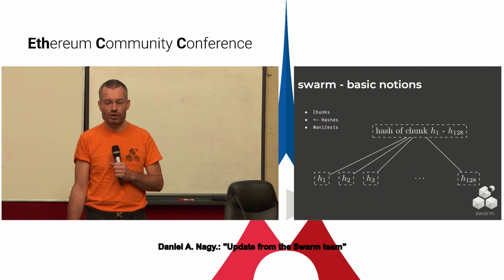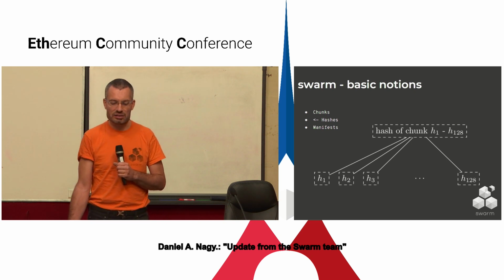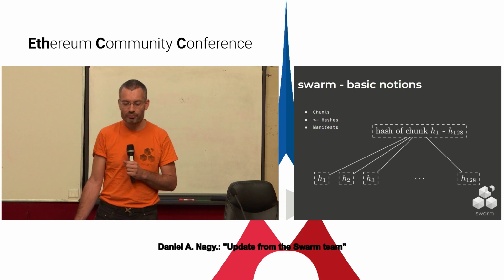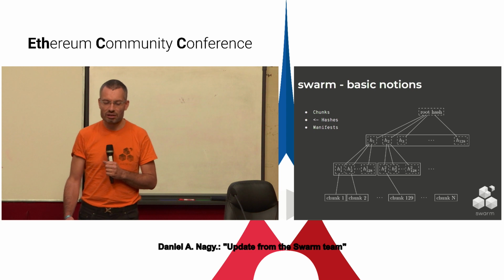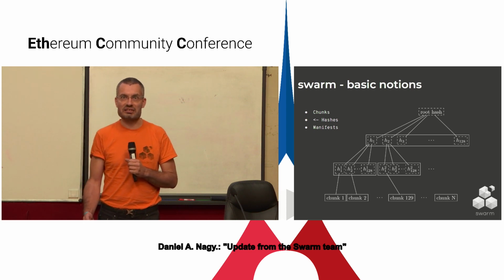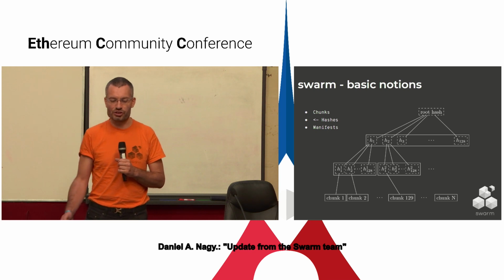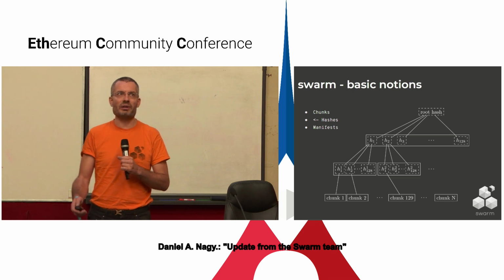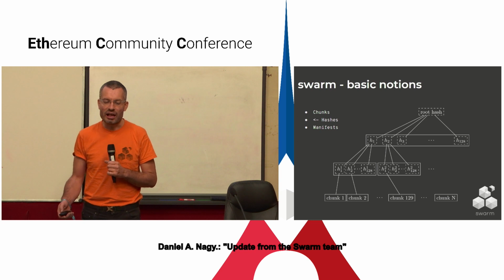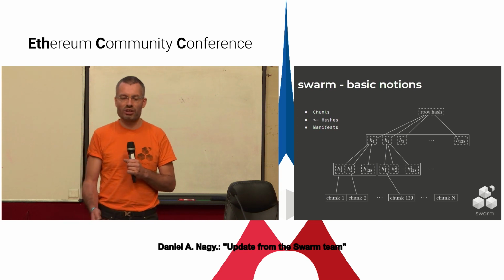So a hash of 128 chunks is a single hash. And if you take 128 of these hashes, they make up exactly a chunk. So if you have a whole bunch of chunks, then you have other chunks that hold hashes of these chunks, and you build this Merkle tree all the way up to a single root hash, and this is how you reference your entire collection of chunks.